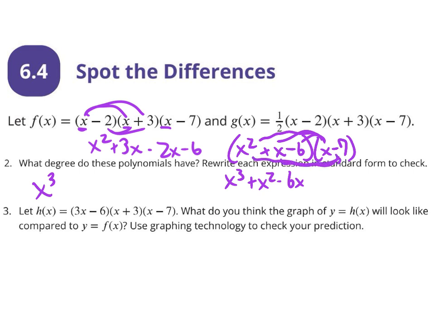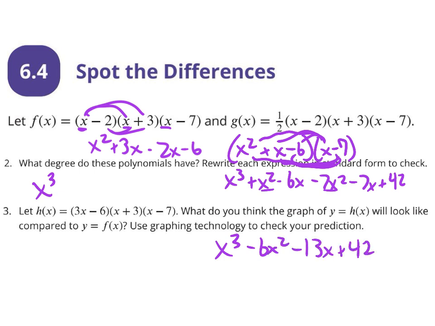Remember, the sign in front of the term goes with the term. Negative 7x squared minus 7x plus 42. My x squared. I get x cubed minus 6x squared minus 13x plus 42.